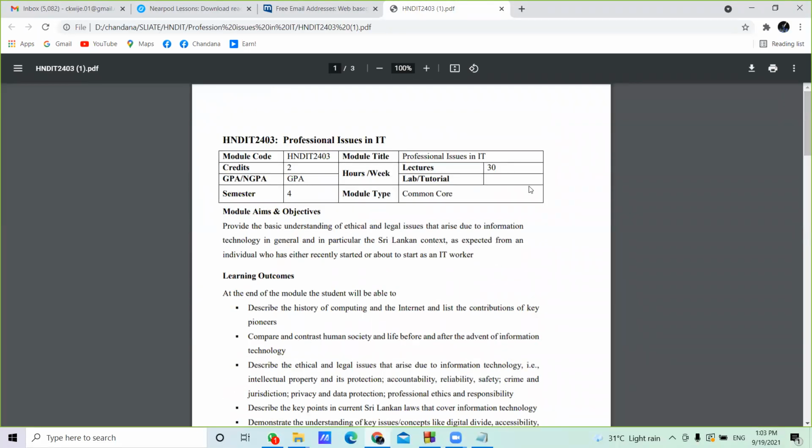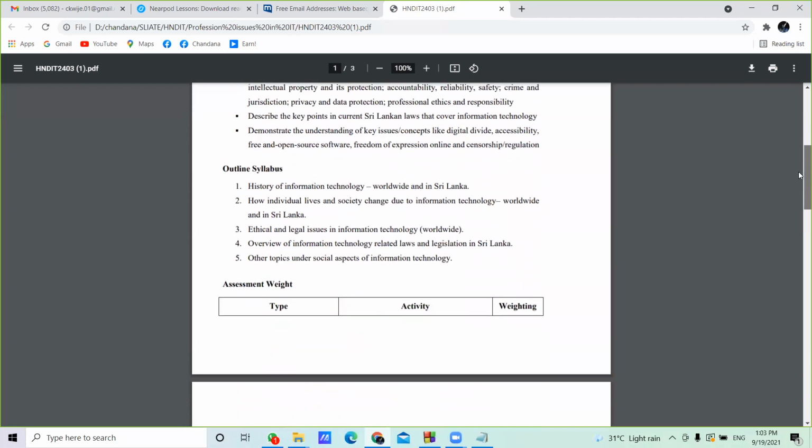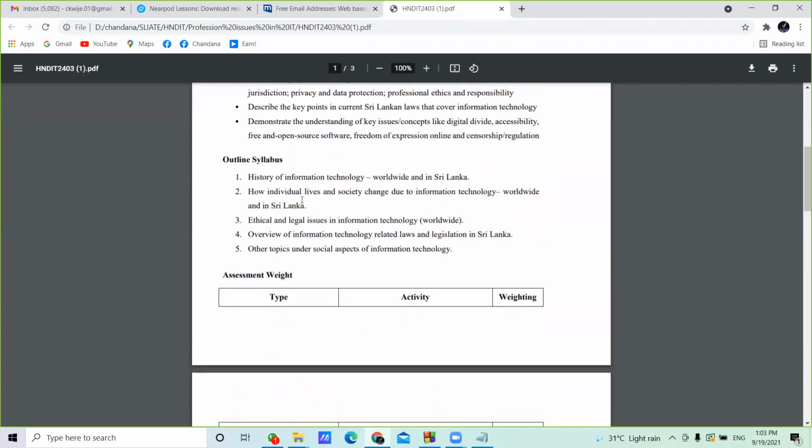This is a 30-hour session in your whole syllabus, 2 credits. The outline of the syllabus has only 5 chapters: history of computer technology, how individual lives and society change due to information technology, ethical and legal issues. In that way your syllabus is organized.